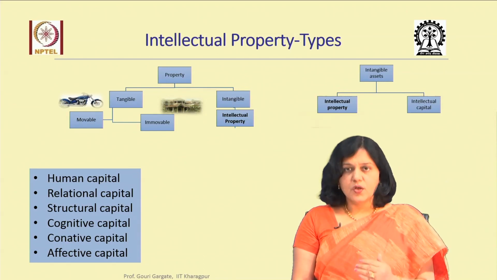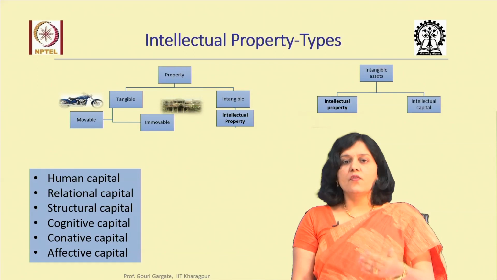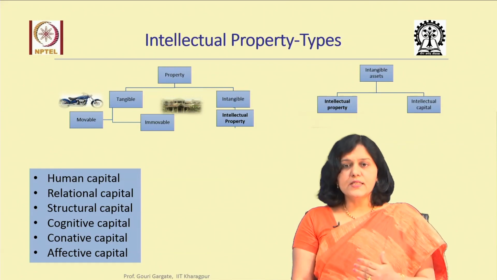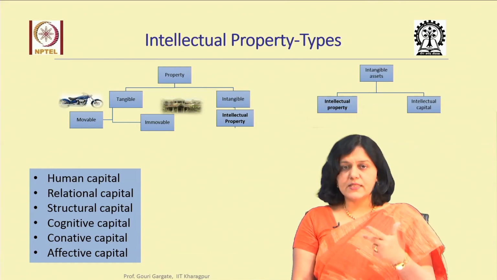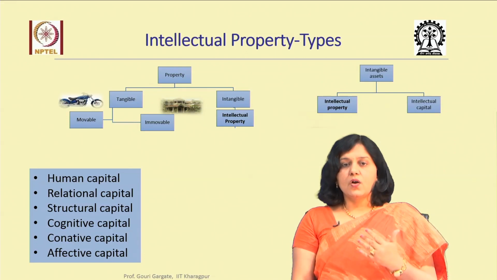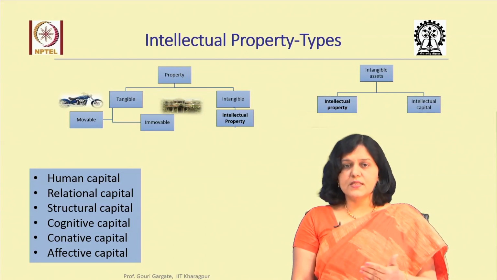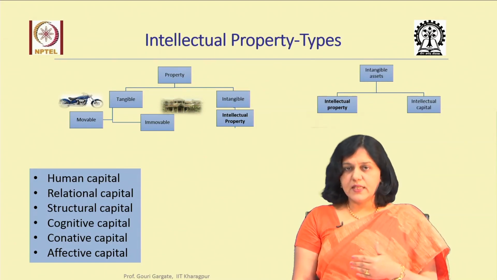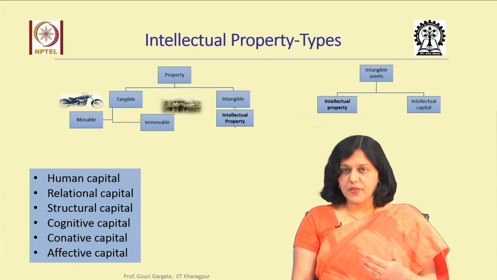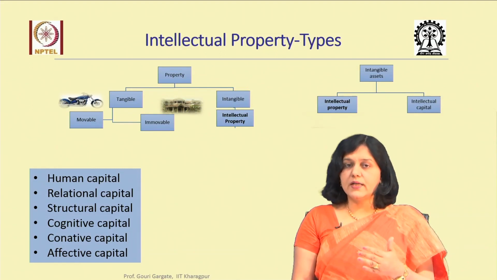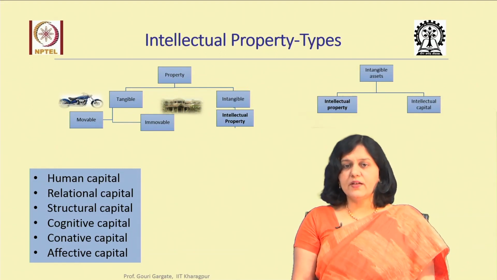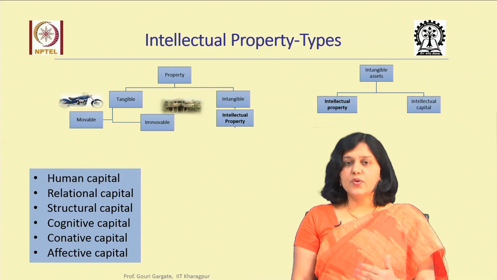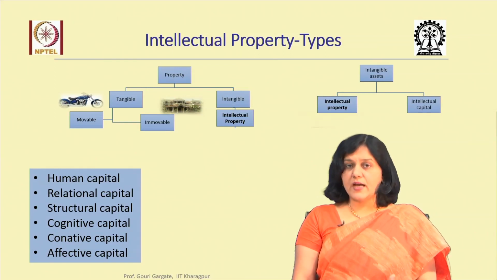I repeat, cognitive capital is the mental action or process of acquiring knowledge and understanding through thought, experience and senses. Conative capital is a natural tendency, impulse, striving or directed effort. What is affective capital? It is related to your moods, feelings and attitude.